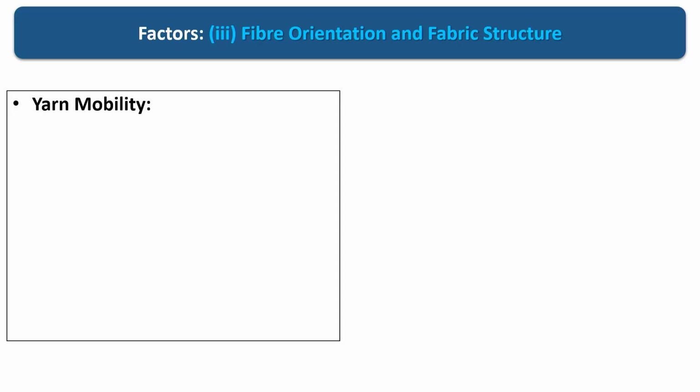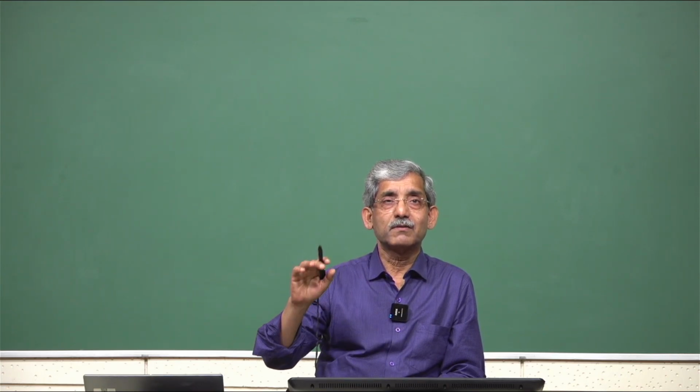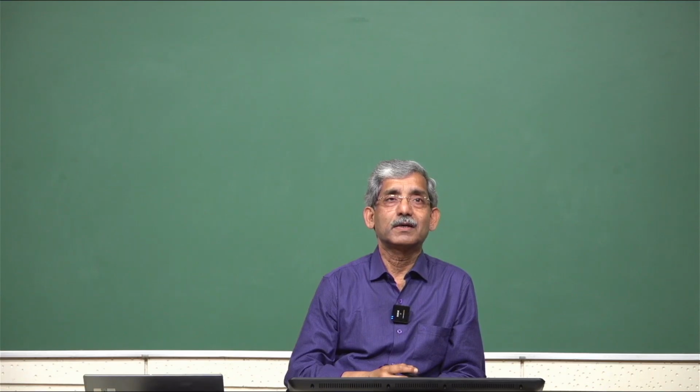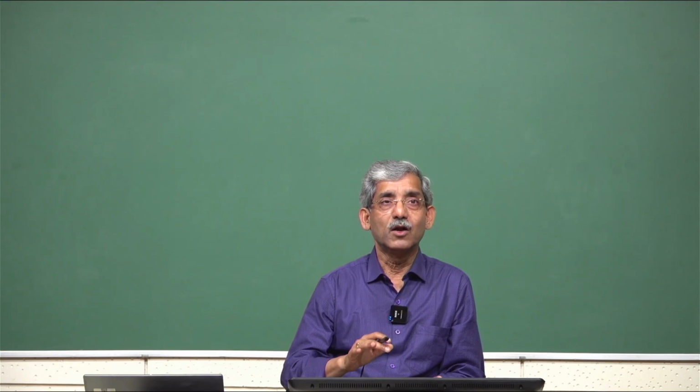Then yarn mobility. So, fabric structure, we can have certain fabric structure where the yarns are loose, like open structure, or maybe we can change the weave, like satin and plain. In plain weave the number of interlacements is very high, but in satin due to the floats the number of interlacements is low.